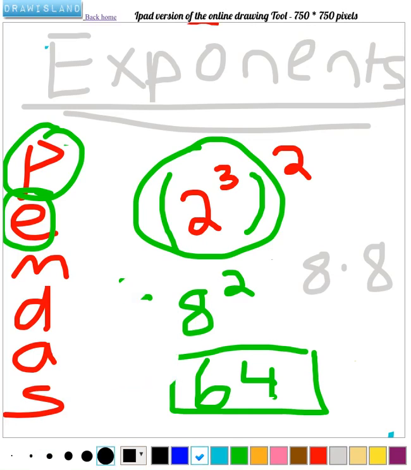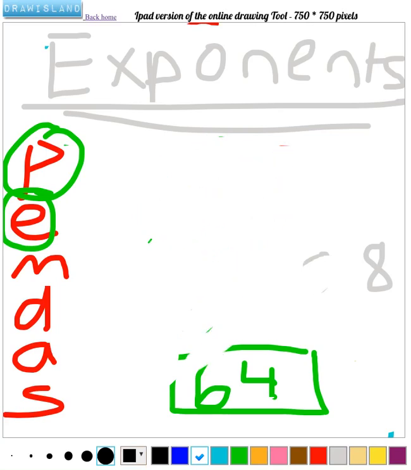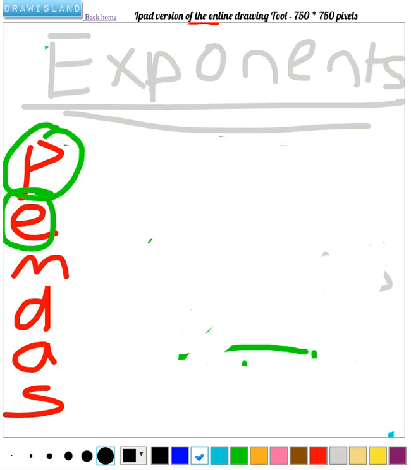Suppose you have something that looks like this: 6 to the power of negative 2.